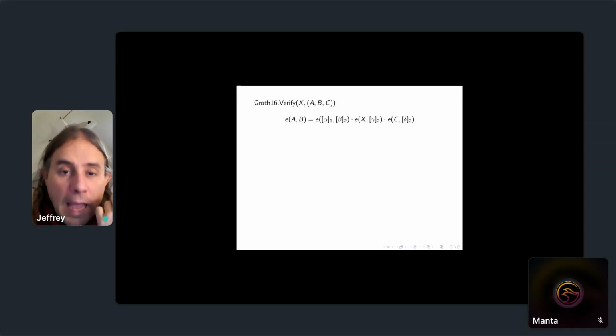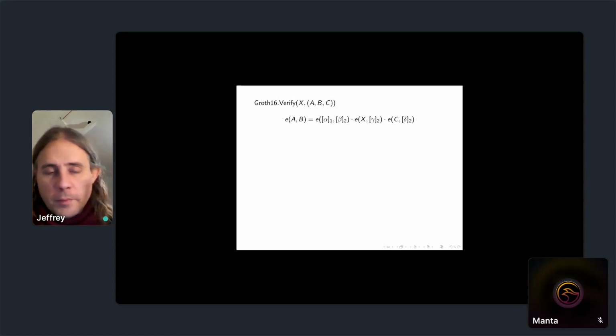This X in the regular Groth16 is some public input constructed from elliptic curve points times the actual values that are public inputs to the Groth16. A, B, and C are curve points that are pieces of the proof, and then all the Greek letters are what we call toxic waste, so nobody actually knows what those are anymore.